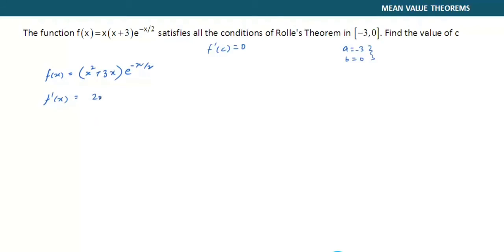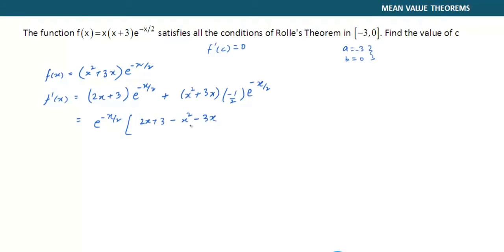So it will become (2x plus 3) e raised to power minus x by 2 plus (x square plus 3x) times the derivative of e raised to power minus x by 2, which will be minus 1 by 2 e raised to power minus x by 2. Now we can take e raised to power minus x by 2 common, and this will leave us 2x plus 3 minus (x square minus 3x)/2. This is what we will get.